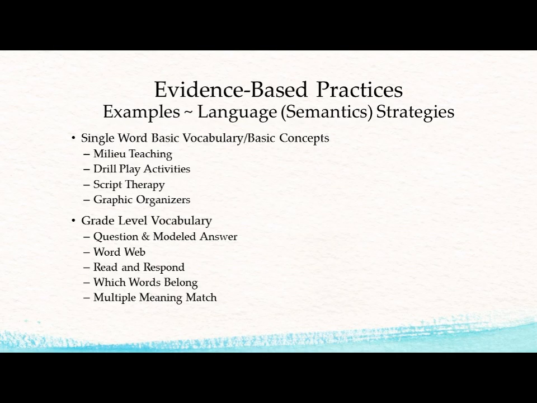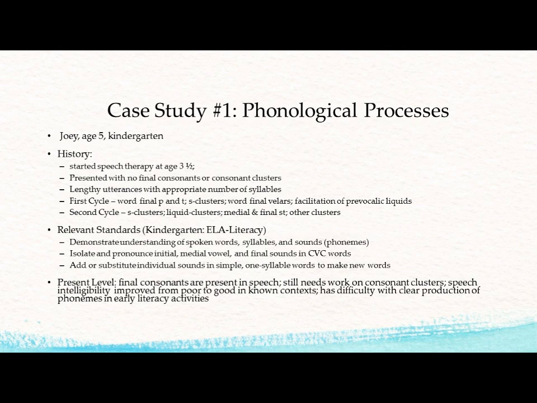So now let's look at 3 examples of how to use Review 360 as a tool to facilitate educationally relevant SLP services. There are 6 steps for effective use of Review 360 for SLPs. First, we want to review relevant standards to identify the skills needed for success.